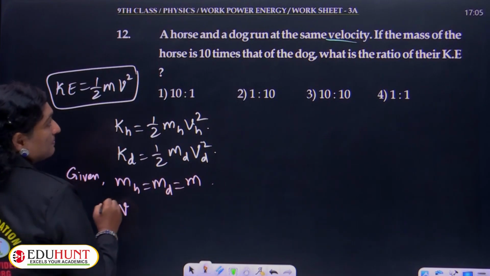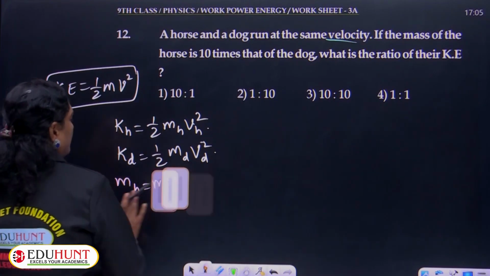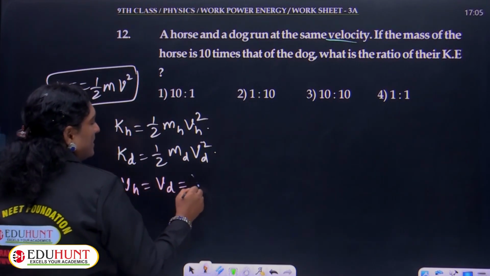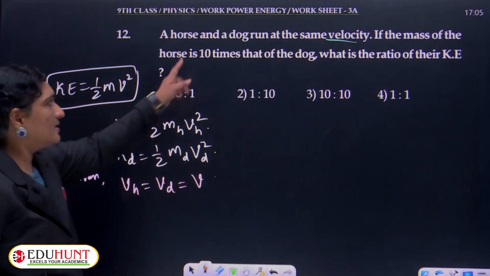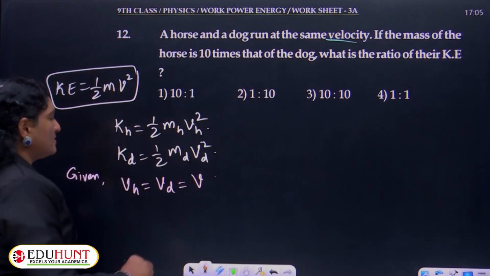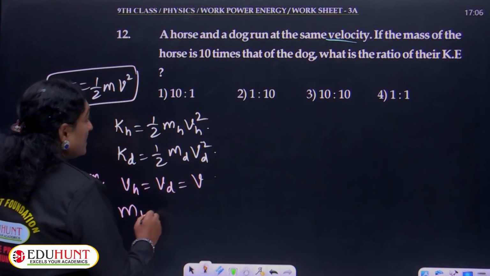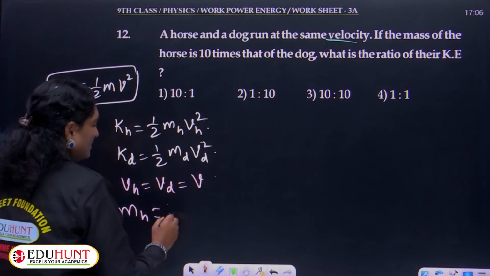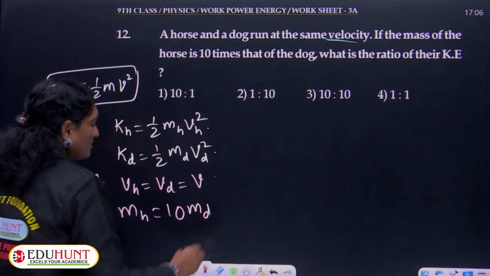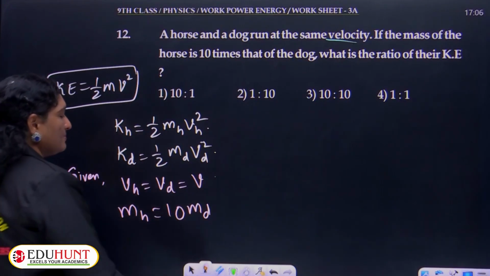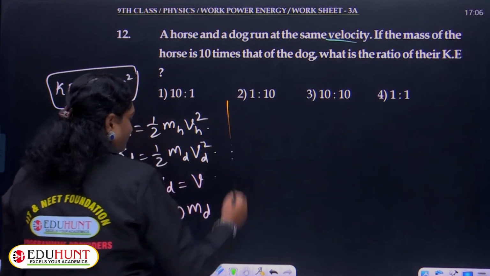Velocity of the horse equals velocity of the dog, each the same. Horse and dog run with the same velocity. Let us keep it as v. But mass of the horse is equal to 10 times the mass of the dog. So, wherever you see mh, it can be replaced with 10 times md.